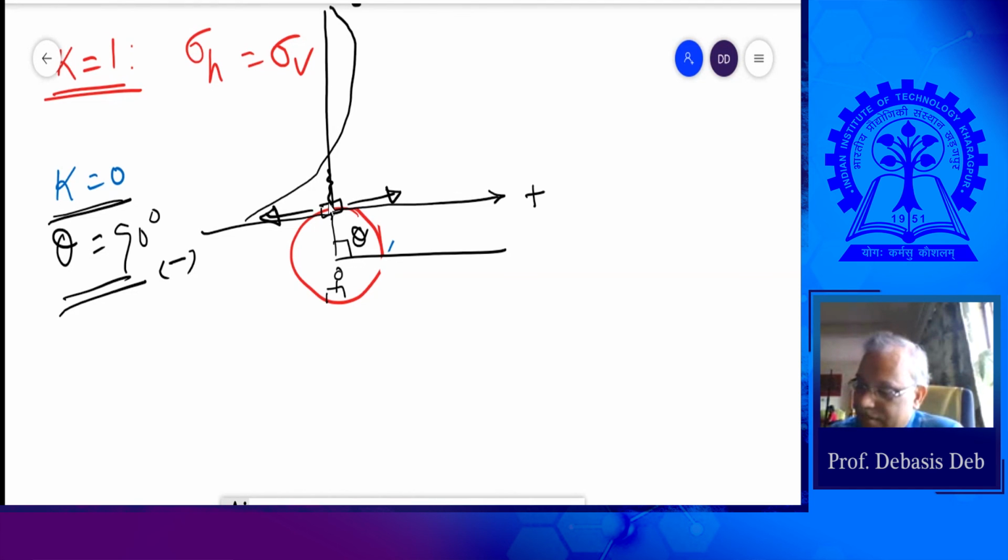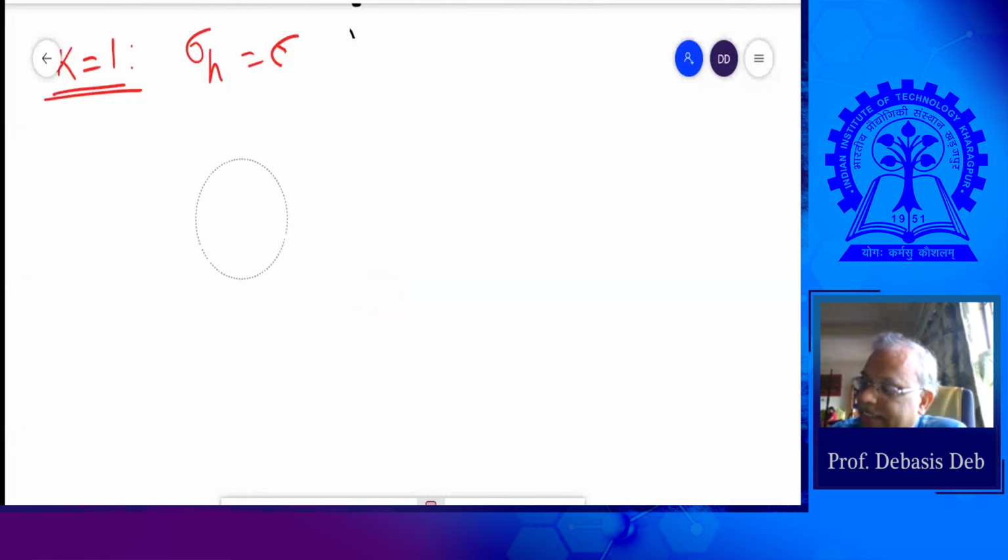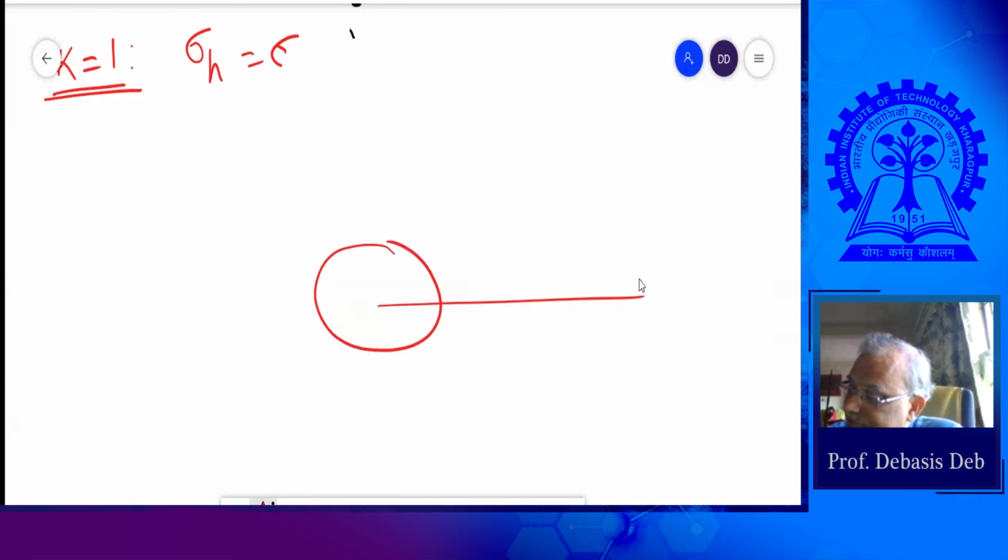Okay, now I again explain with k equals 1. Let me draw it again. So what happened if I take an element here? We have seen at k equals 1, these become 2 p naught. And this direction is 0. This becomes 0 right at this boundary.